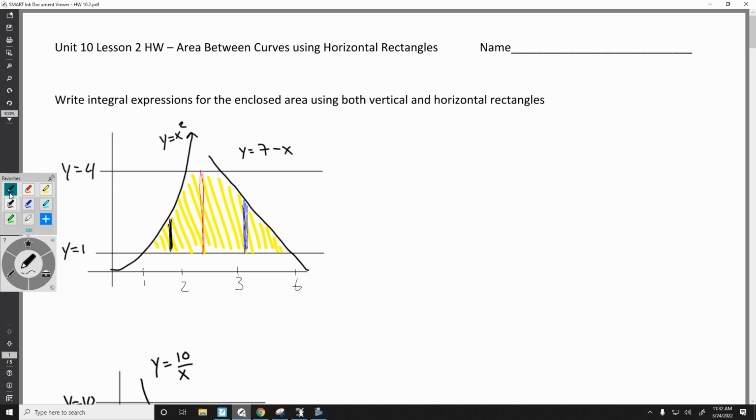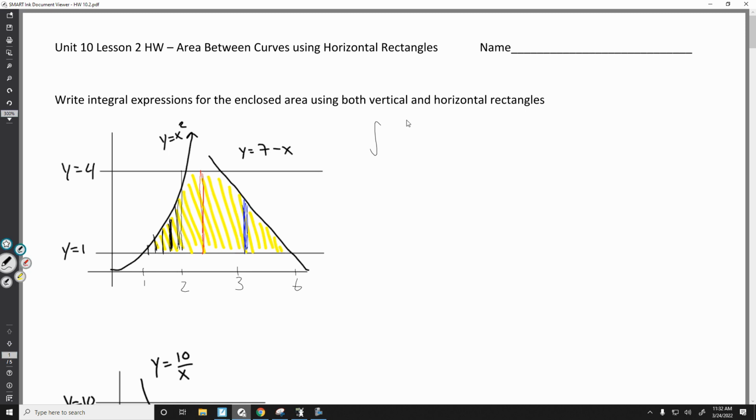Which means, and this is important, it's a new thing, instead of just one rectangle and just thinking about between two things, it's important to think about sums as starting from the left and going to the right. If I started left and started traveling right, I would need one integral for these black rectangles.